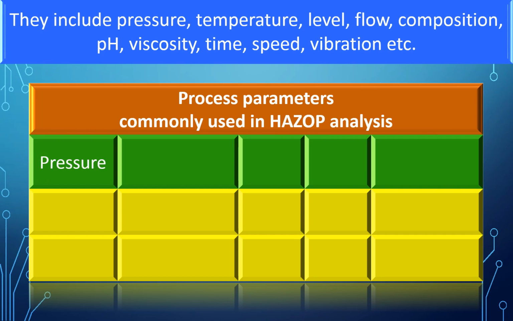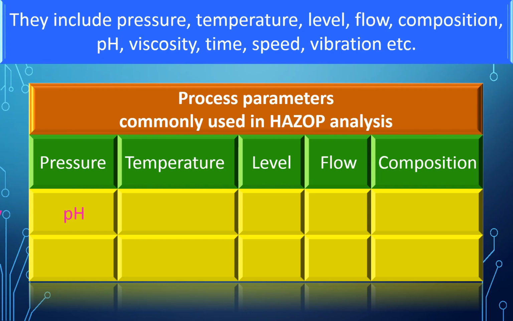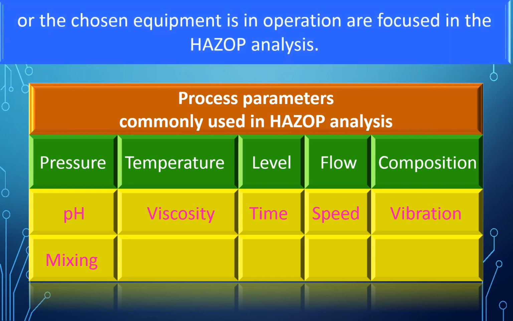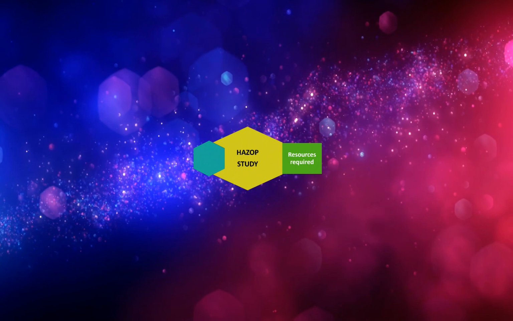They include pressure, temperature, level, flow, composition, pH, viscosity, time, speed, vibration, mixing, etc. The deviation of the actual process or operation parameters from the design or specified parameters when the facility or the chosen equipment is in operation are focused in the HAZOP analysis.